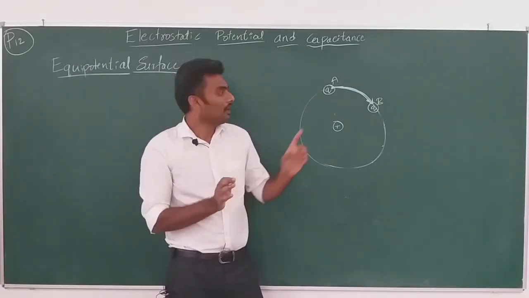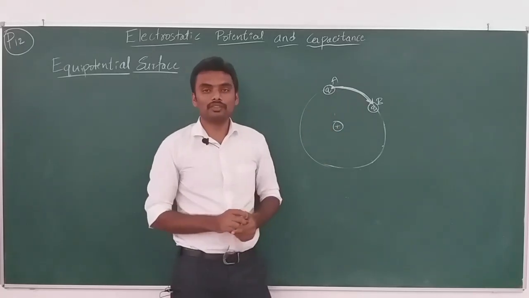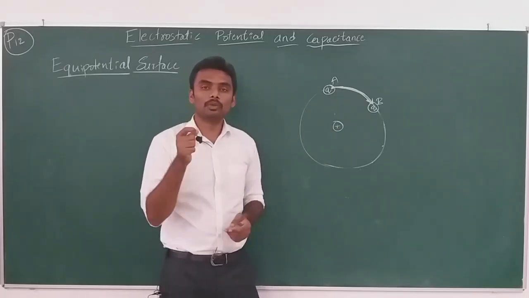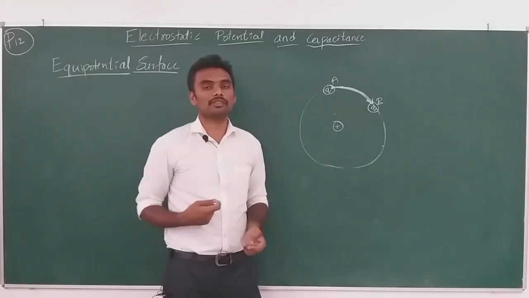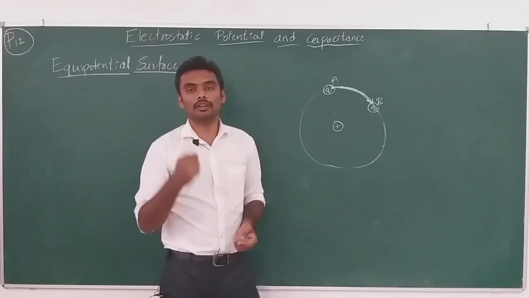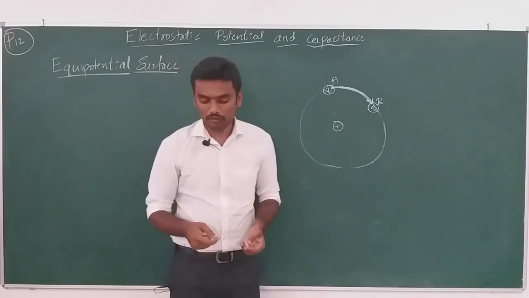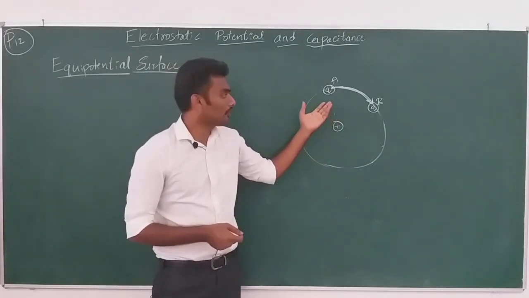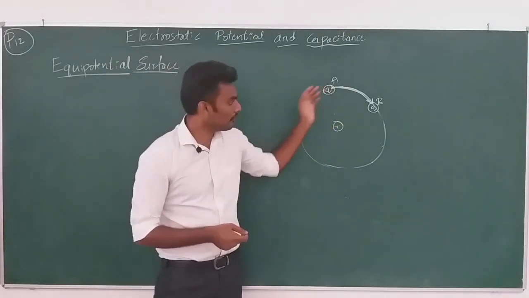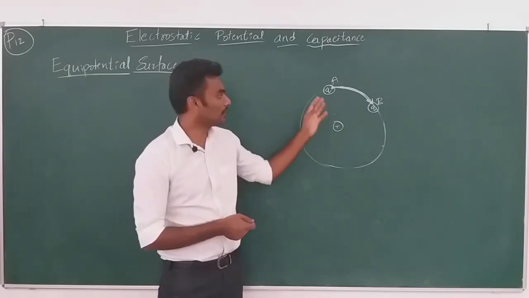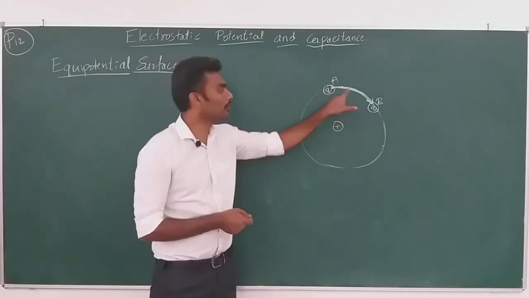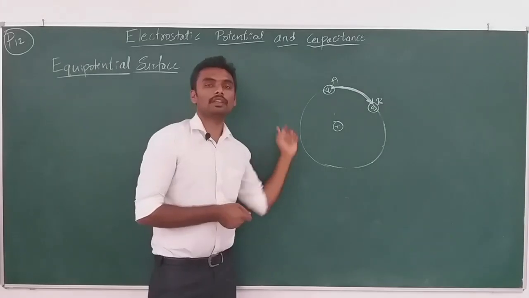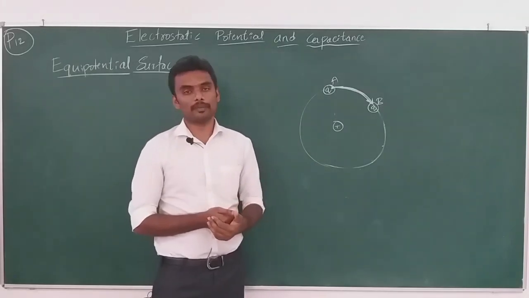Following? When we have an equipotential surface, in order to move a charge on the equipotential surface, one doesn't need to do external work to move the charge from one point to the other point on the equipotential surface.